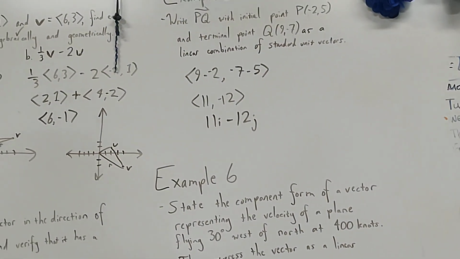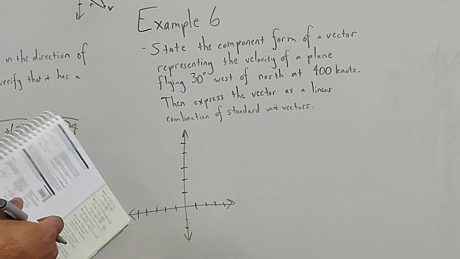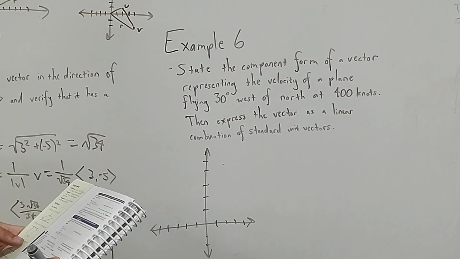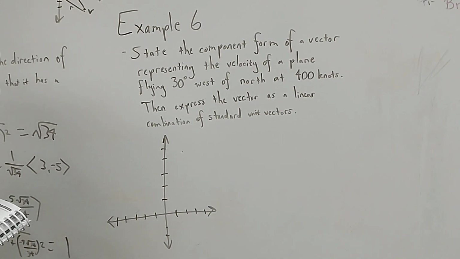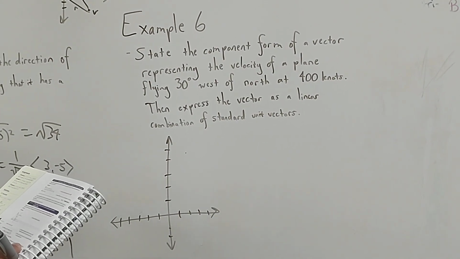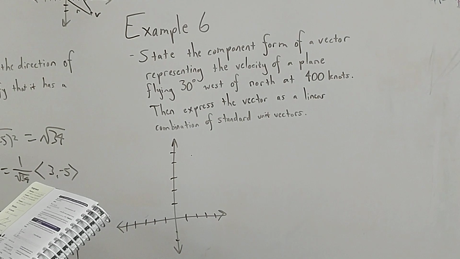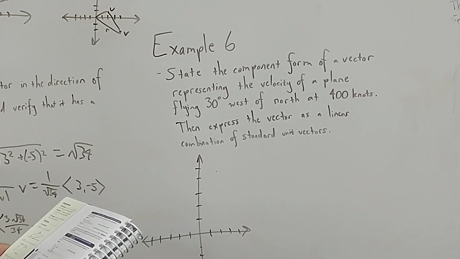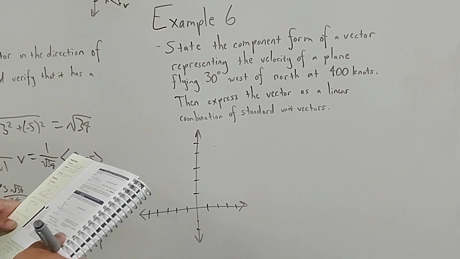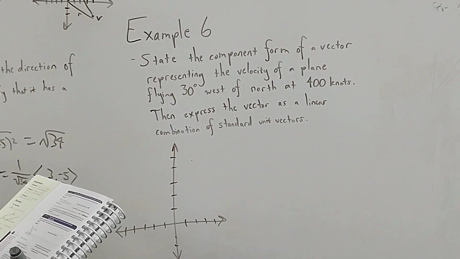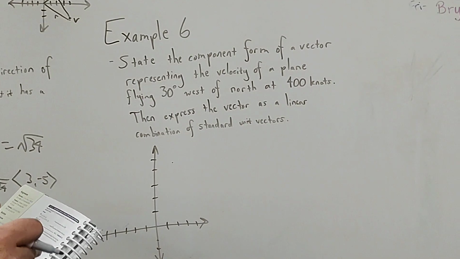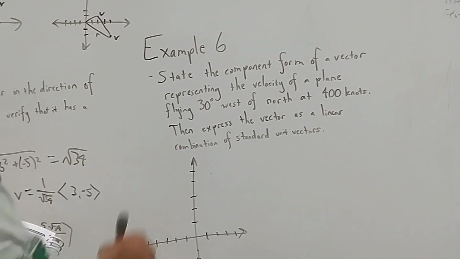And then finally, example 6. We're not going to do example 7 or example 8. It says resolving a vector into horizontal and vertical components. State the component form of a vector representing the velocity of a plane flying 30 degrees west of north at 400 knots. Then express the vector as a linear combination of the standard unit vectors. So linear combination meaning i and j.